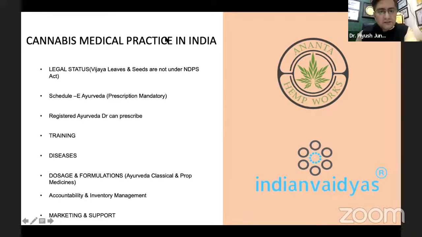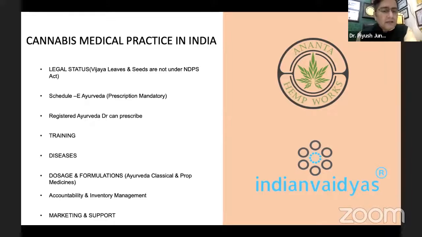We need to understand this herb first, and then we'll be able to discuss more on this. The plant is cannabis, and we are talking about the leaves here, which have several cannabinoids, including CBD and THC, the active ingredients. Vijaya or Bhang is mentioned in our Ayurveda textbooks.